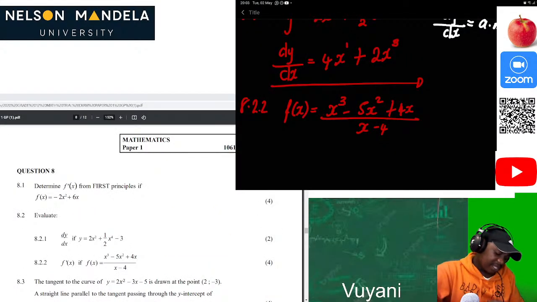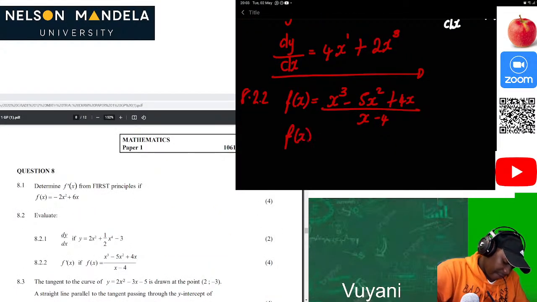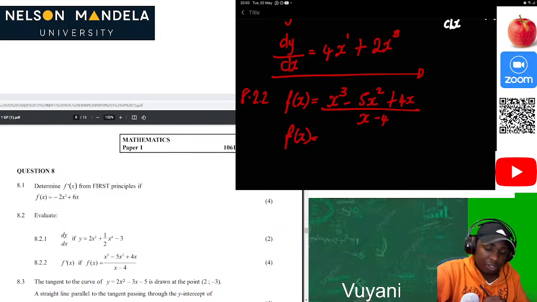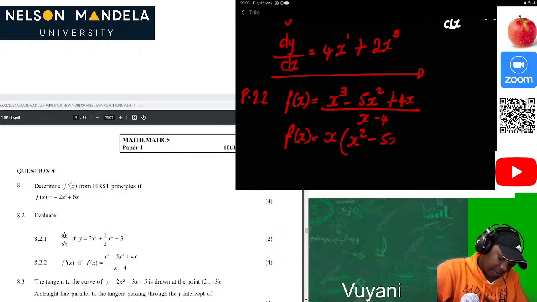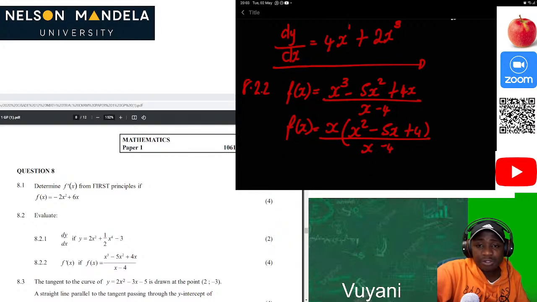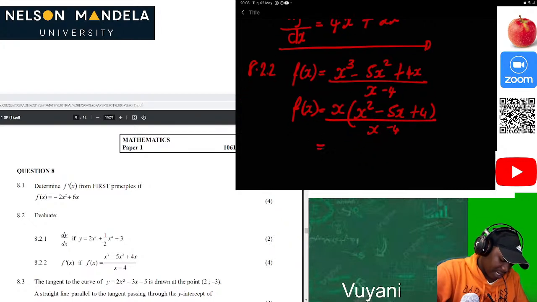So let's go. The first thing we can see is that on f of x we have a common factor on the numerator, which is x. Then now we have x squared minus 5x plus 4, all divided by x minus 4. Then we can see that this is actually a trinomial, so we can factorise that trinomial and calculate the factors.